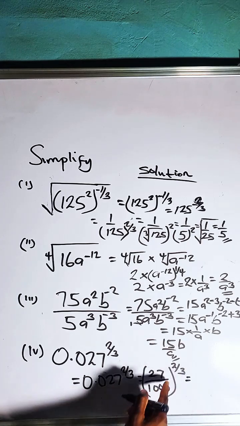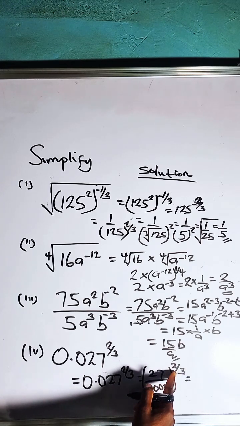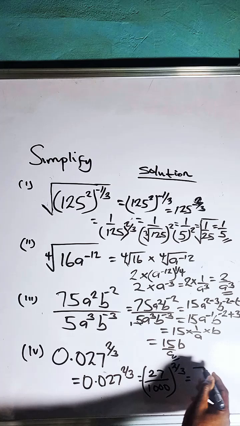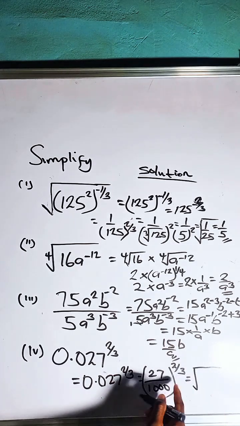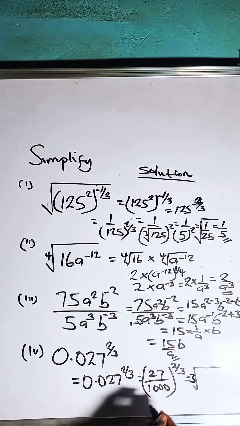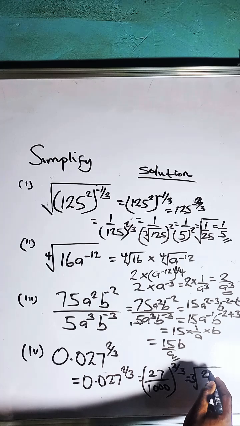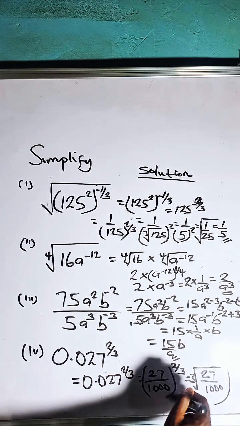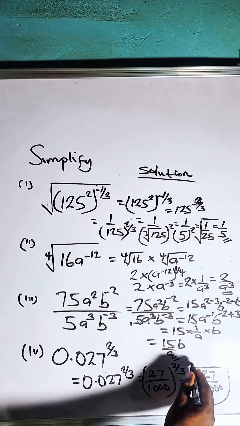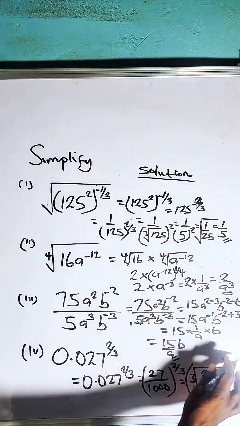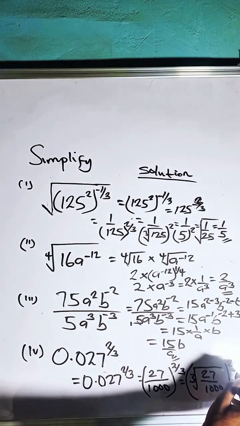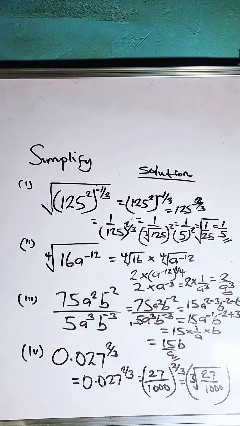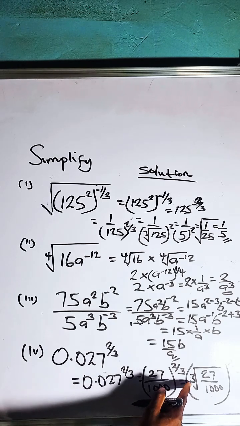Expressing this with the fractional index, we introduce a radical sign, so this will be like the cube root of 27 over 1000, and we square our result.